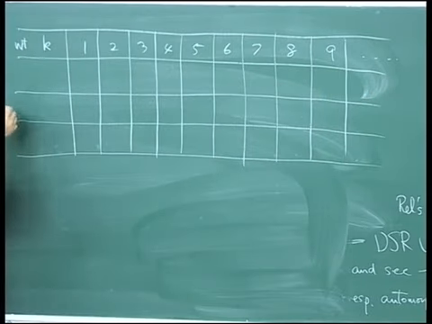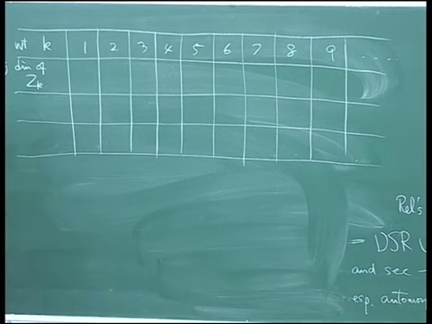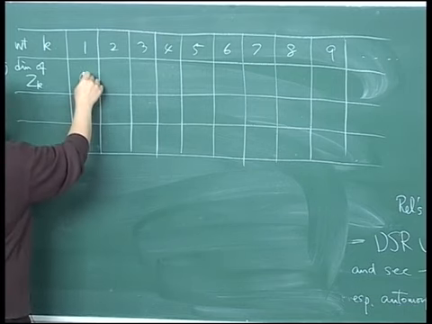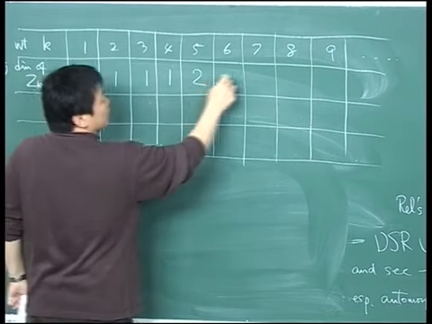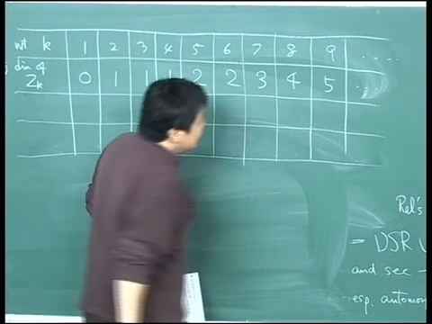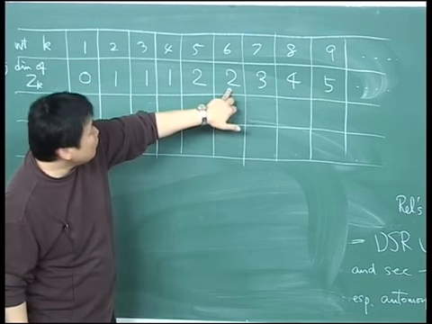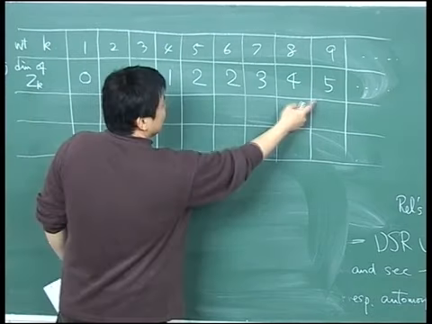The second line expresses the conjectural dimension of the space generated by weight k zeta values. There are no zeta values of weight 1, so the dimensions are 0, 1, 1, 1, 2, 2, 3, 4, 5. Each dimension is the sum of the 2 before and 3 before. So this 5 is the sum of 2 and 3.